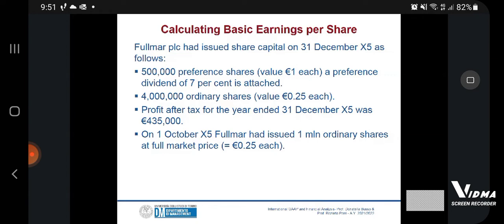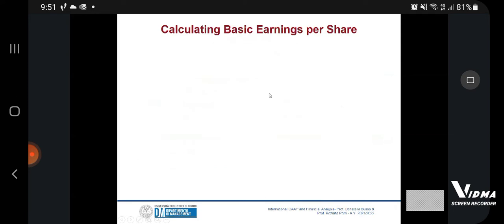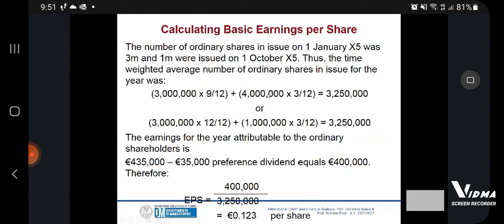Okay, now that we know that these are ordinary shares issued in an ordinary fashion at full market price, we are required to calculate the basic earnings per share for the current year 2025 that is over there. So let's first of all write the formula over here. In order to calculate the basic earnings per share, I need two figures, right?